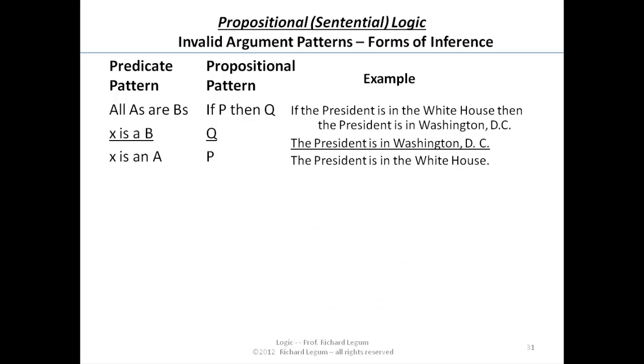And an example to really drive it home, to show that you can't conclude it, is an instance of this kind of inference: if the president is in the White House, then the president is in Washington, D.C. Let's say we also know the president is in Washington, D.C. We cannot conclude that he's in the White House.